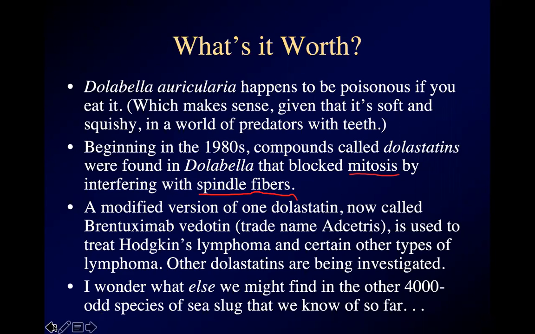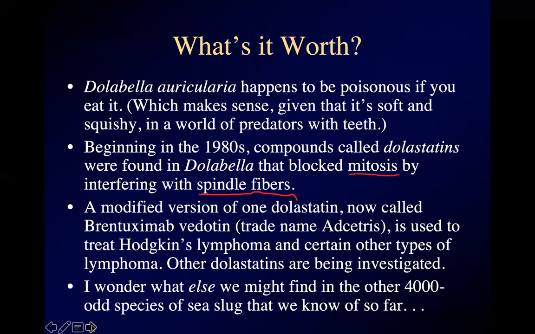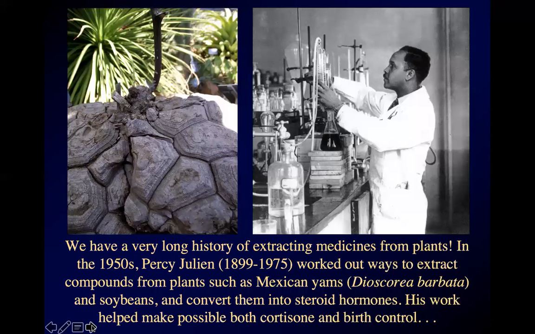This does not mean that we ought to let the pandas die, but it means there's direct value in saving lives and in making money in preserving living things that don't look adorable and fuzzy and don't have eyes and eat bamboo shoots and become the mascot of, is it Tri Sigma? One of our sororities has pandas. And in fact, we've been extracting medicines from plants for as long as humanity's been around.